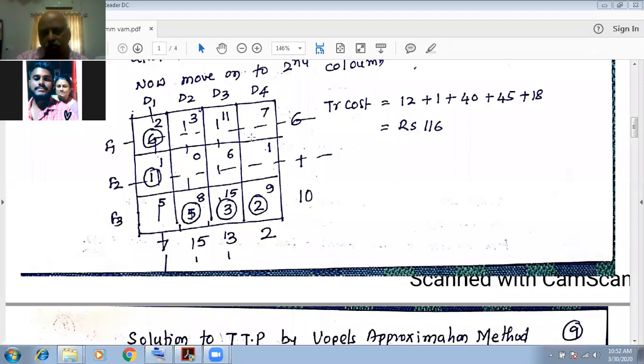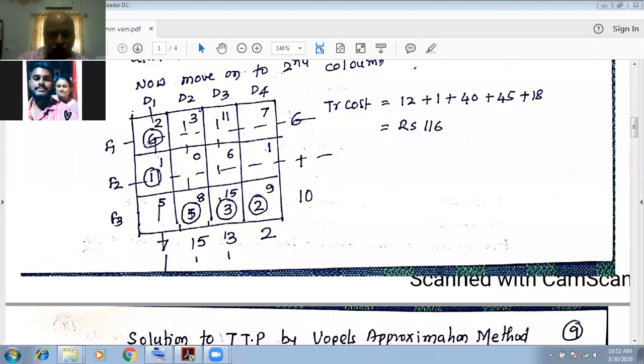Now you calculate the total transportation cost. This is the unit transportation cost in thousands of rupees. 2 means it is the cost of shipment of 1 unit of car from factory to showroom number 1. But how many units have we shifted? That is 6 units.